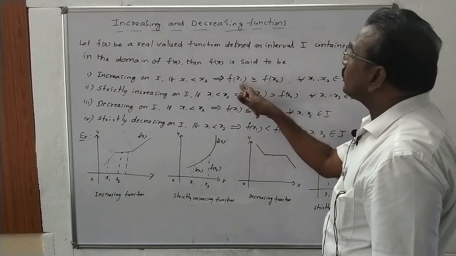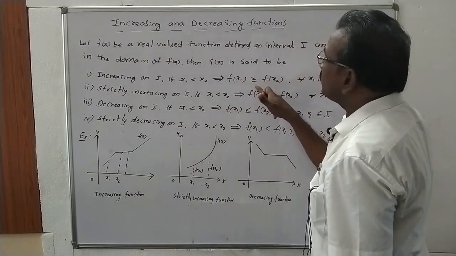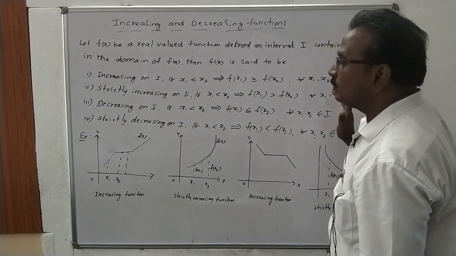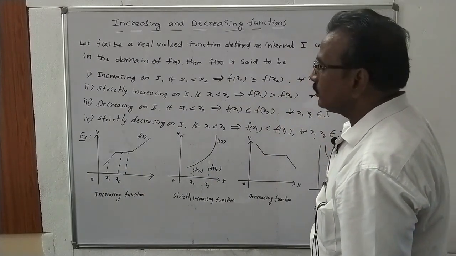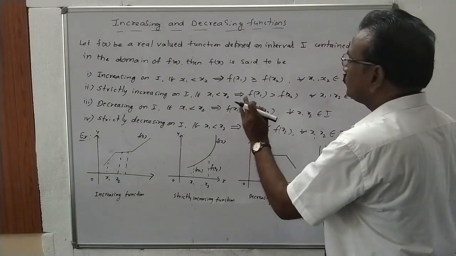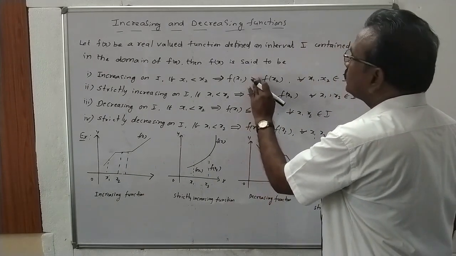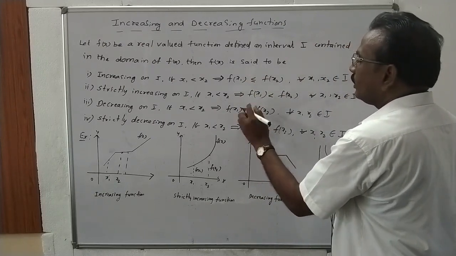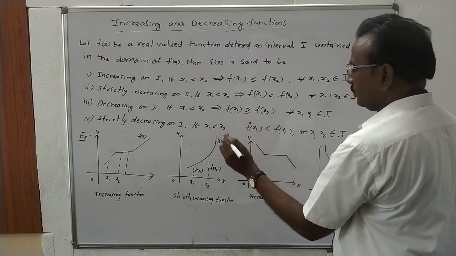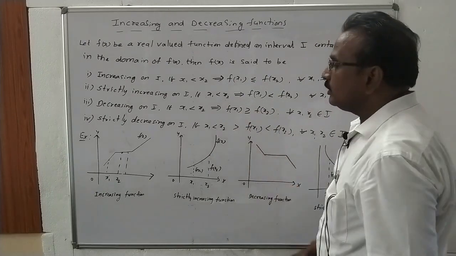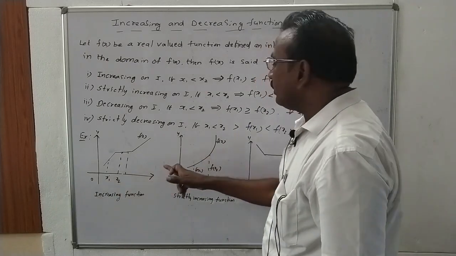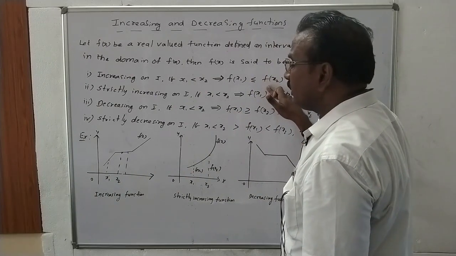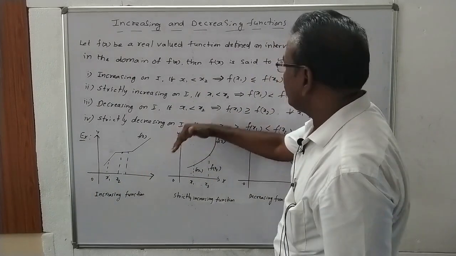So if the height of the graph at x1 is less than or equal to the height of the graph at x2, the function is increasing.